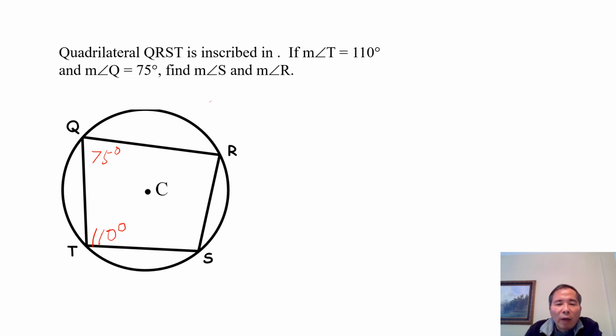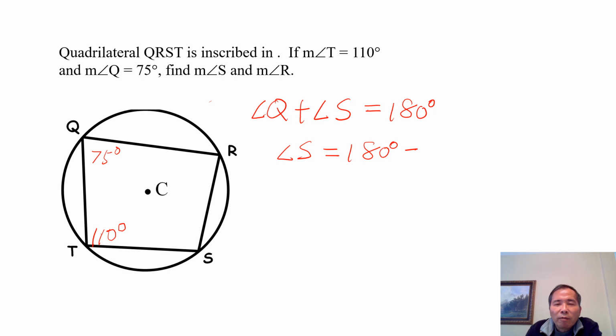Because it's an inscribed quadrilateral, opposite angles, like angle Q plus angle S, should be 180 degrees. So angle S is 180 degrees subtract 75 degrees, so it is 105 degrees.